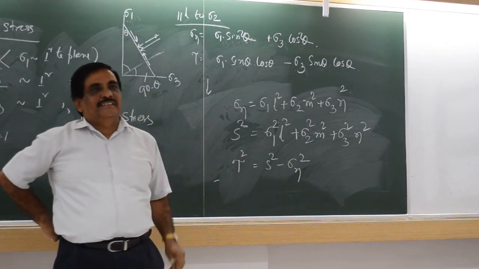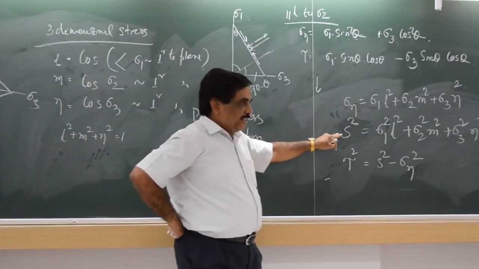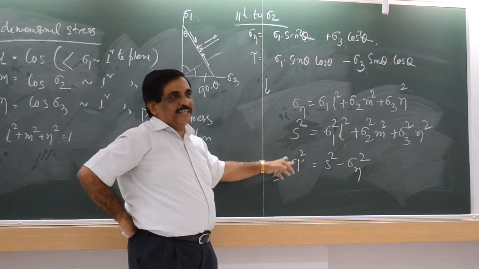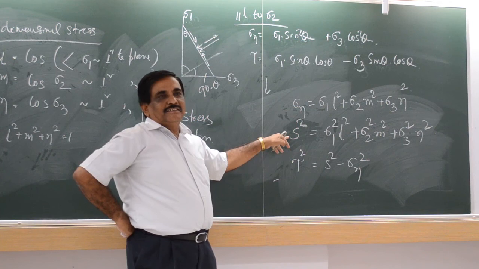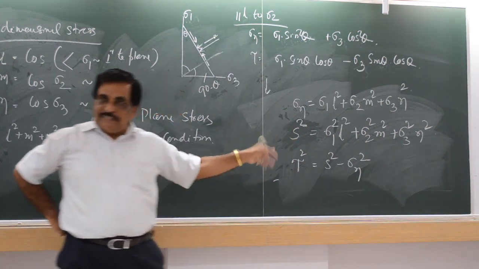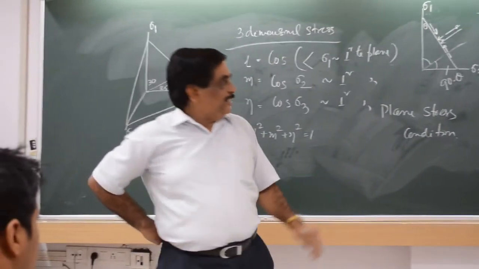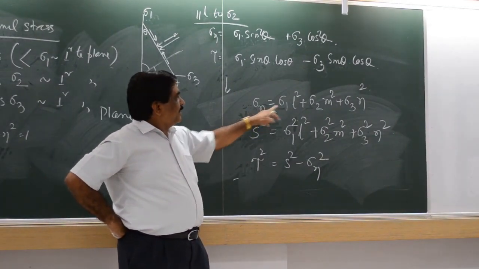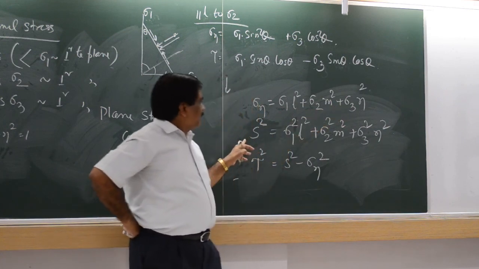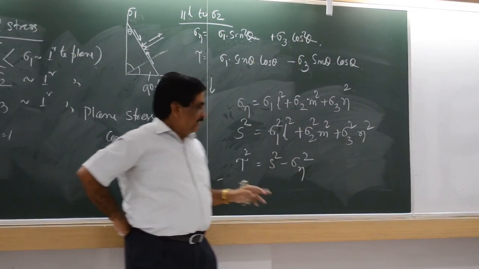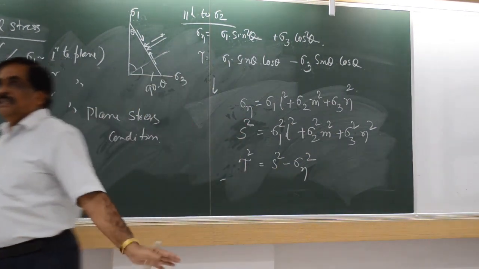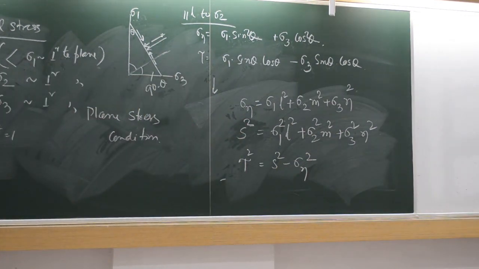Combining these two by vector addition gives this. So he is defining that first, so that it will be easier for you to remember. See here, sigma has no square here. S has squares in everything, but tau square is equal to this square minus this square. So to remember, he is giving these three cases. So now you can find out the normal stress and shear stress over this.